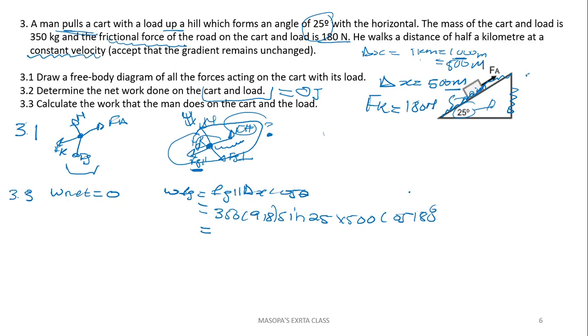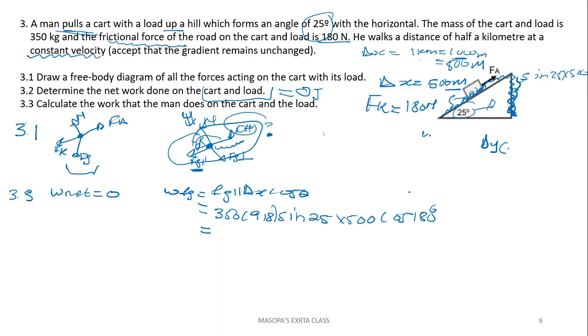Sine of 25 multiplied by 500 gives you this opposite side, which is the one you're going to use as your delta y.